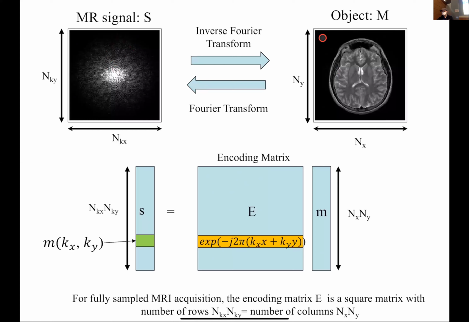I can take this object, which in this case has nx columns and ny rows, and stretch that into one long vector. So I've taken this 2D image and made it a 1D vector. Now I can also take whatever complex phasor pattern I have in 2D and stretch that out too.